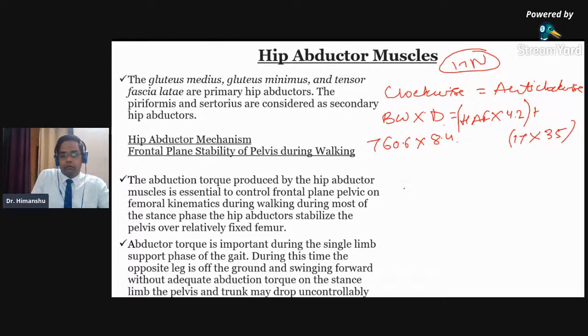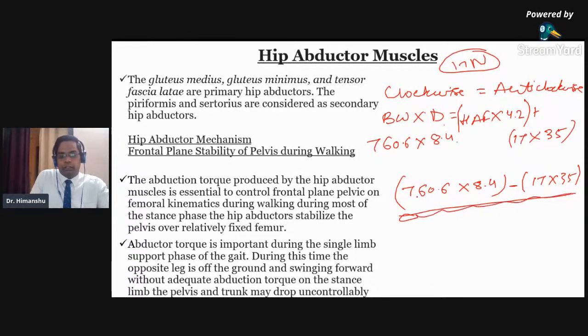Okay, so now to make the calculation easier, let us call it as 760.6 into 8.4, which is minus 17 into 35, divided by, not divided by, we won't divide it right now. So on the other half, this is multiplied by 4.2.